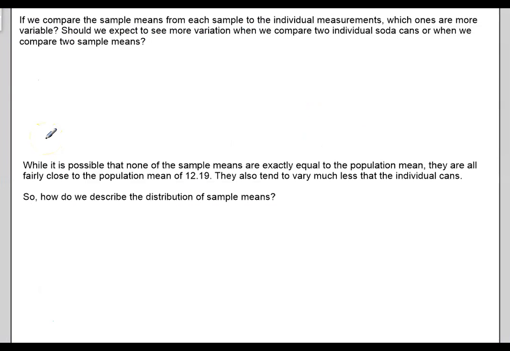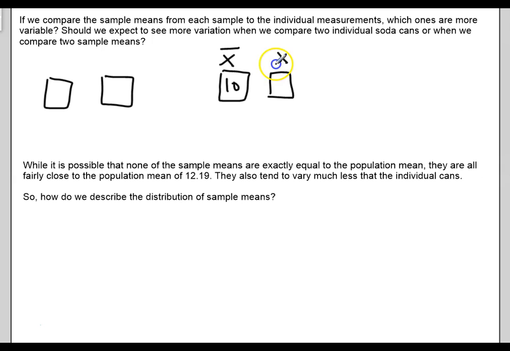That last screen in the sampling distribution applet was that if we're comparing one soda can to another soda can, versus the average weight of 10 cans to the average weight of another 10 soda cans, these should be more similar, right?